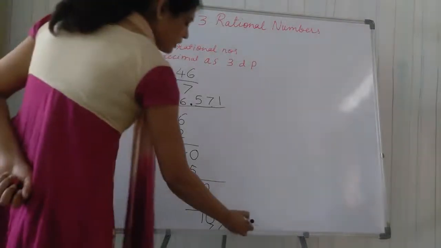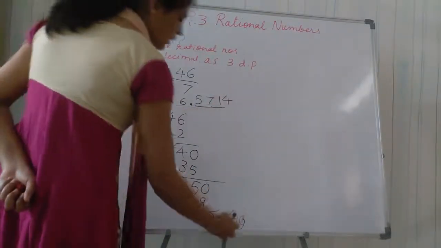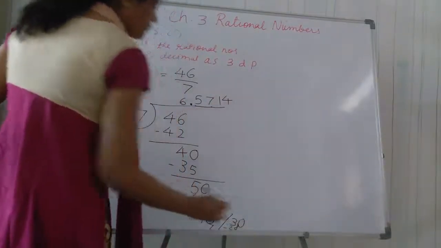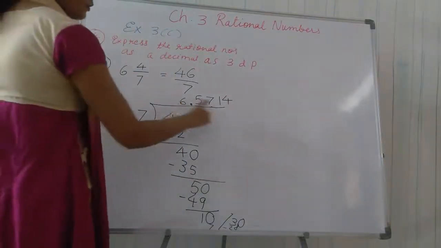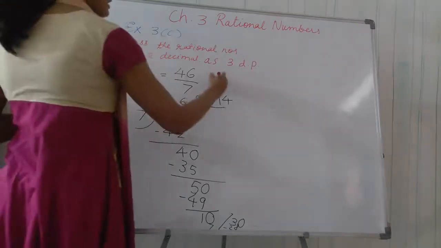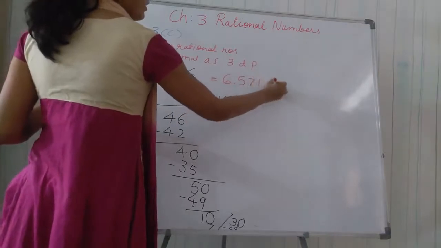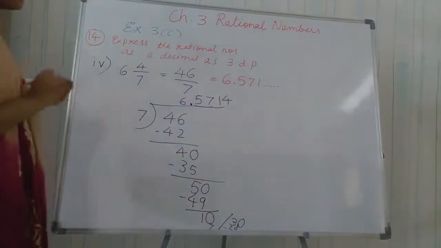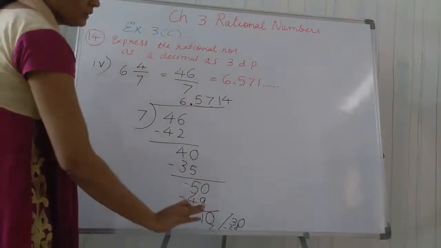So 30. So now 7 fours are 28. Okay. So likewise students, we found our answer up to 3 places. So I write it down here as 6.571 and dot dot dots. Why dots? Because it shows that this process of division does not end.